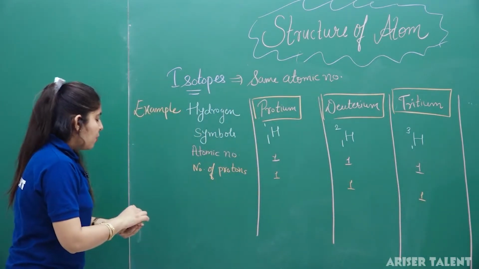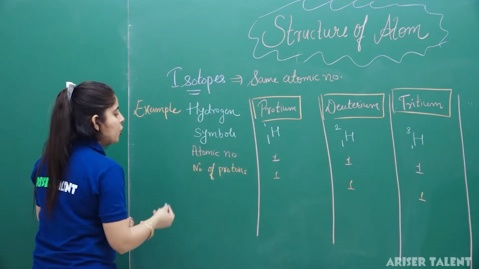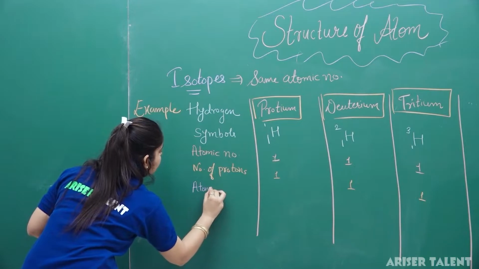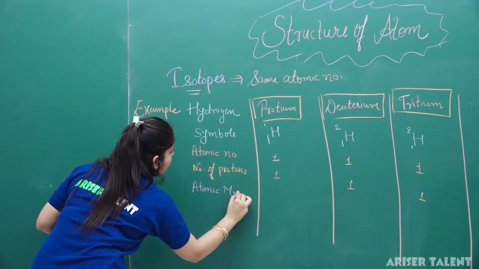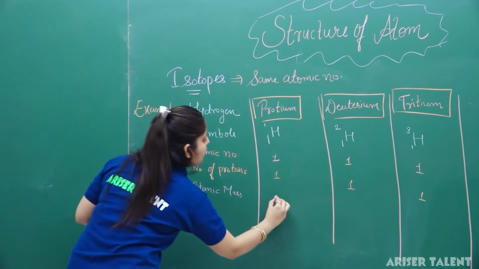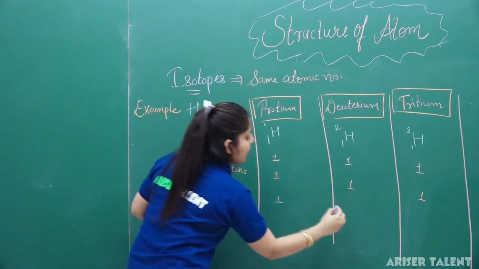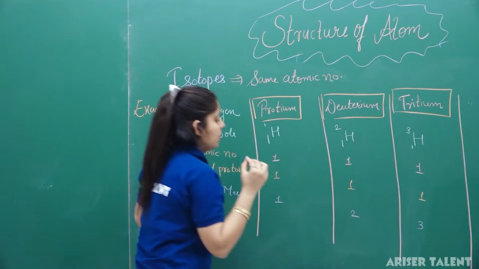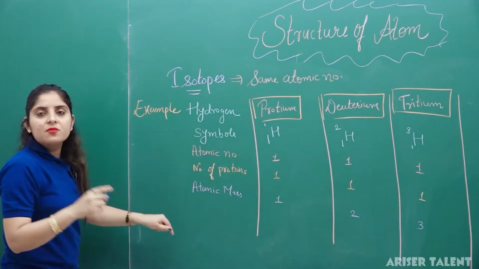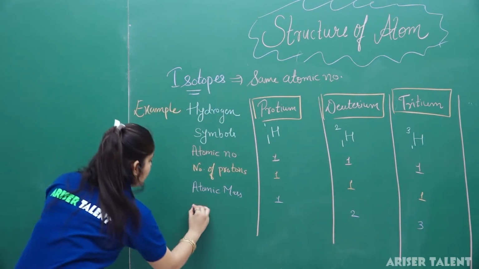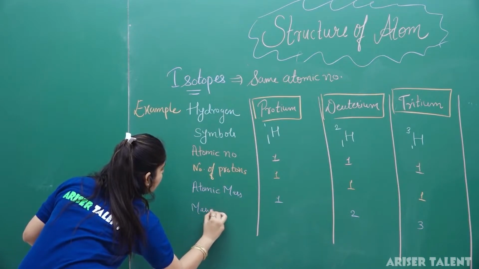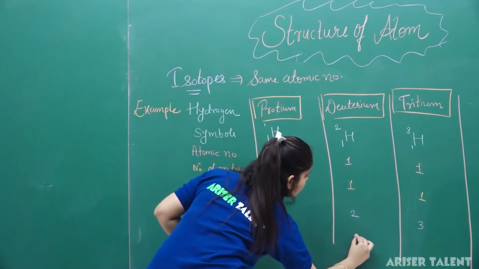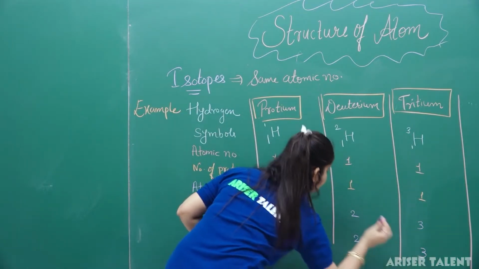Now we will calculate the atomic mass of the element. Our third term is atomic mass. Atomic mass for protium is 1, for deuterium it is 2, and for tritium it is 3. Now atomic mass will be the mass number of the element. So we can also write mass number equal to 1, 2 and 3.